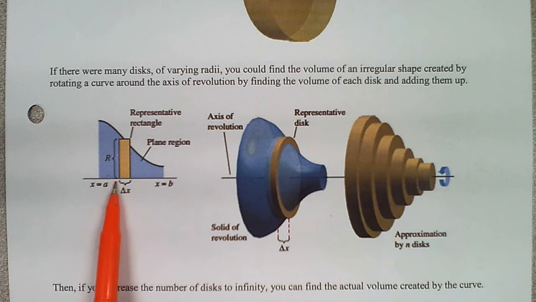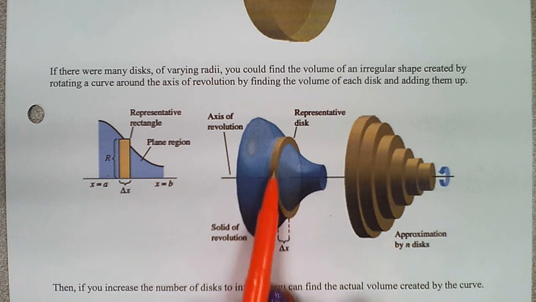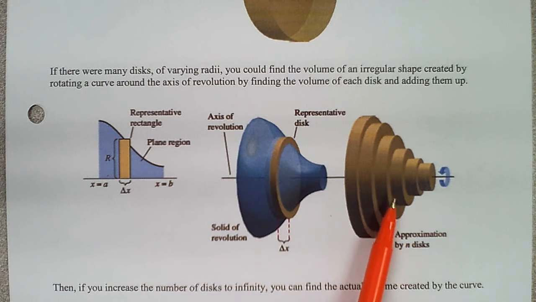Our width then of each rectangle, they're calling this delta x. And as we do all of these rectangles around together, we create all these different disks, which is going to give us an approximation of the volume whenever we add all of those individual disk volumes together.